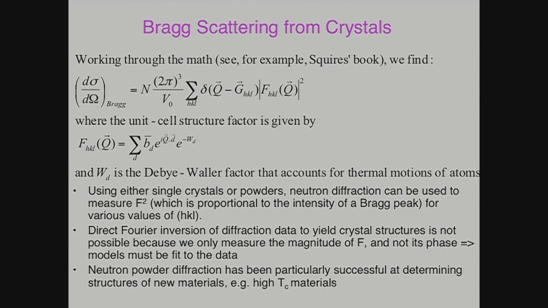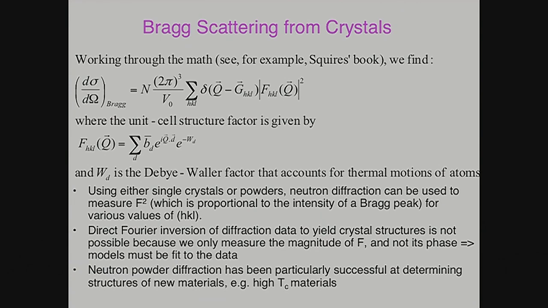It's got the scattering length densities. It's got this phase factor. It's got the Debye-Scherrer factor in it, which is the thermal factor. It's got a delta function, which tells us that we can only get scattering at wave vector transfers equal to these reciprocal lattice vectors. And then it's got a normalization constant out the front.